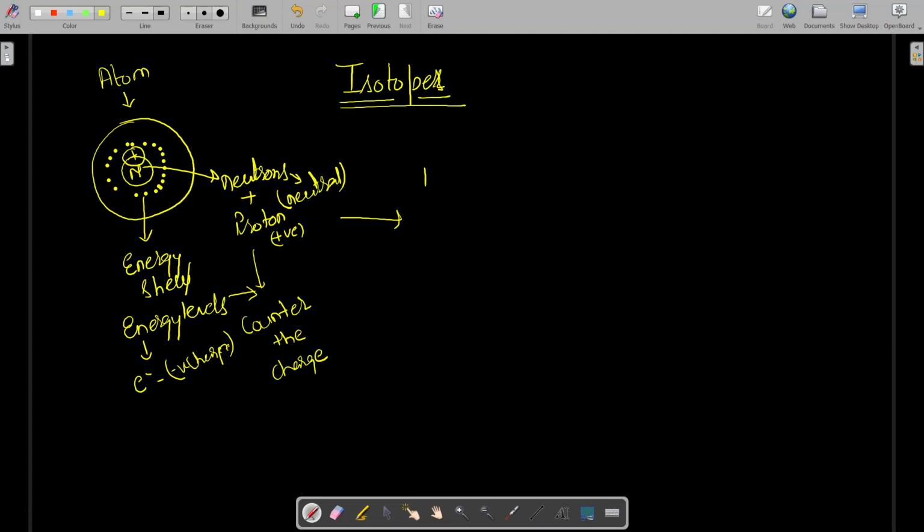As we know, in the periodic table there are a number of elements, and they have a proper arrangement in that table.